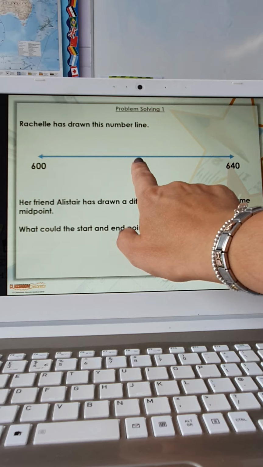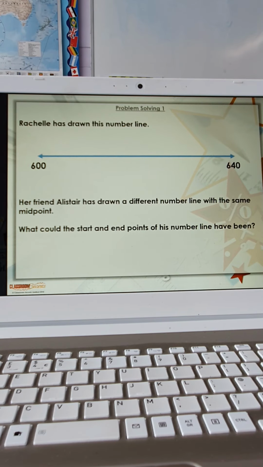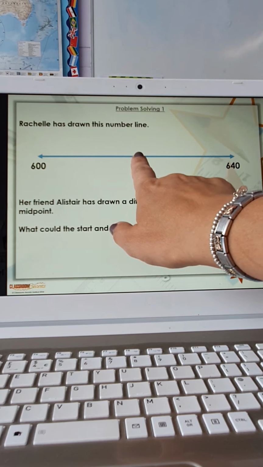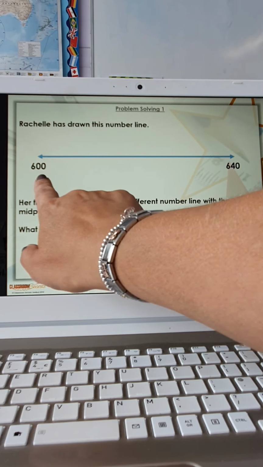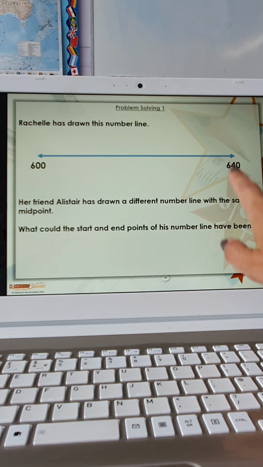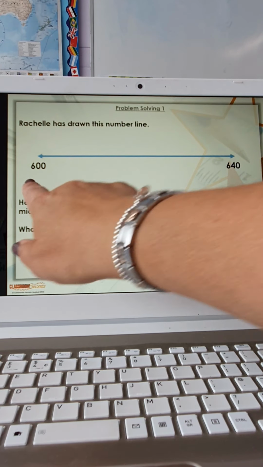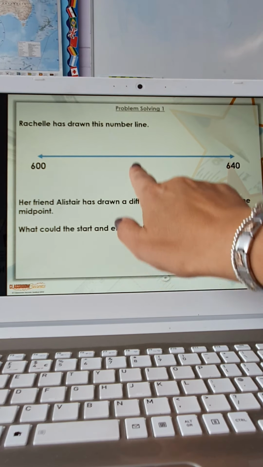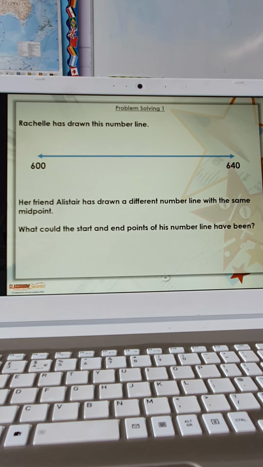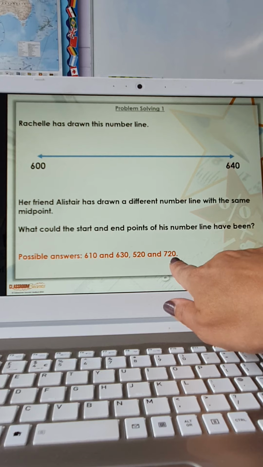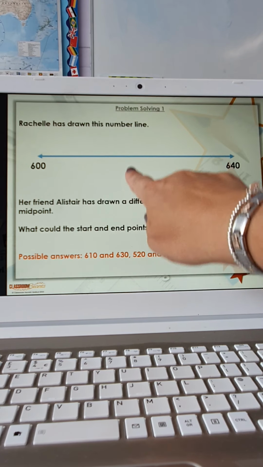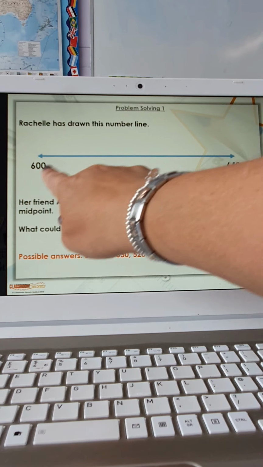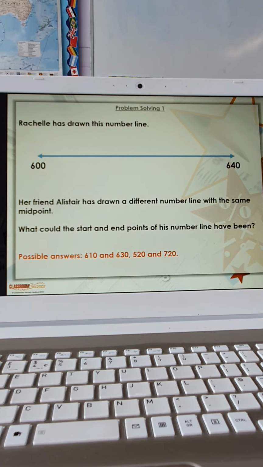So we could have a different number line with 620 in the middle, because we could have 610, 620, 630. So we could have started at 610 and gone to 630, and we would still have had 620 in the middle of that number line. We could also have 520 and 720, so 620 would be in the middle, and then we would go 100 either side of it.